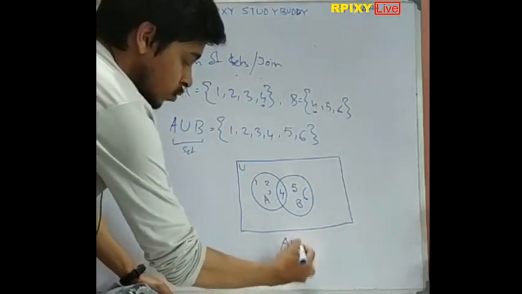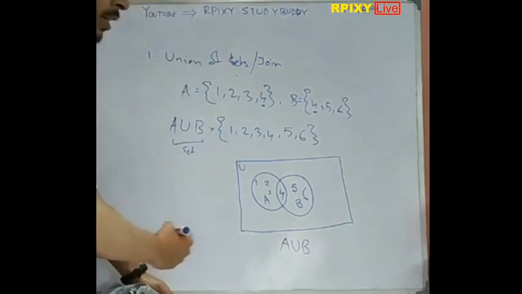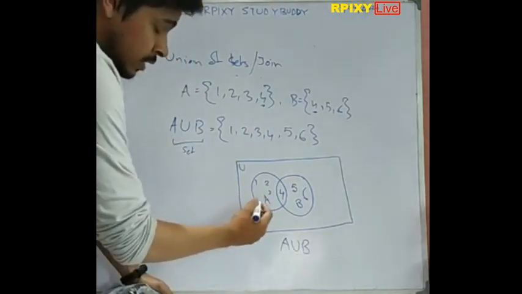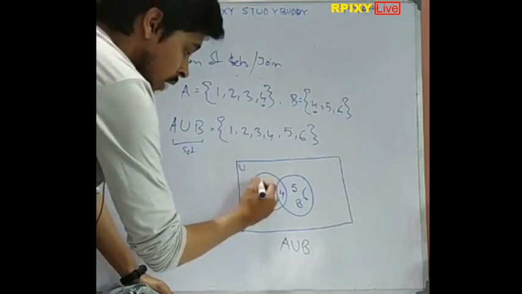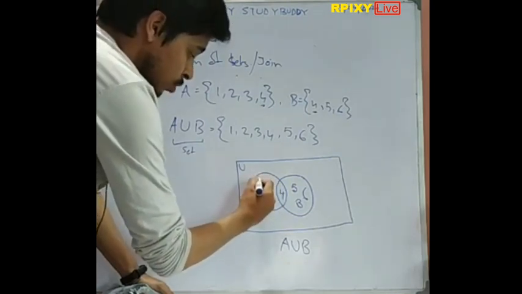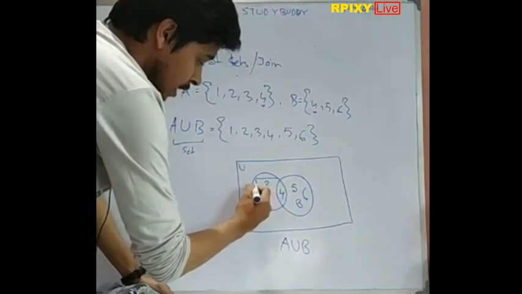Okay. Now what is the A union B? If you want to find A union B, then you have to shade it using straight lines.